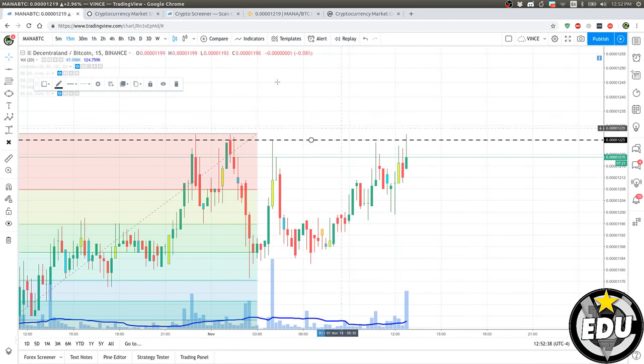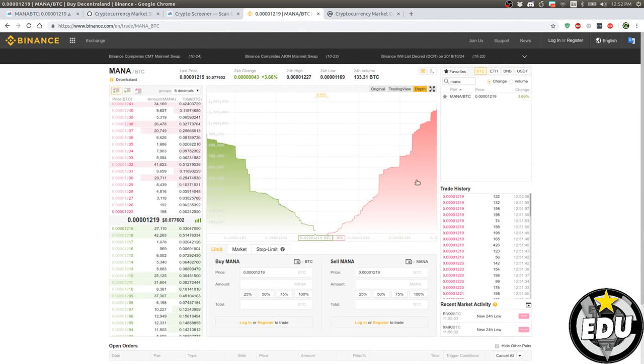Is there a wall at that level on the books, a sell wall? At the price level it's at now, because it's at the top of the ascending triangle.